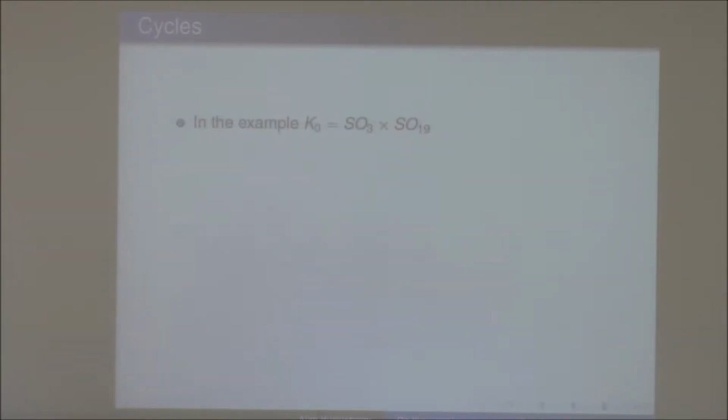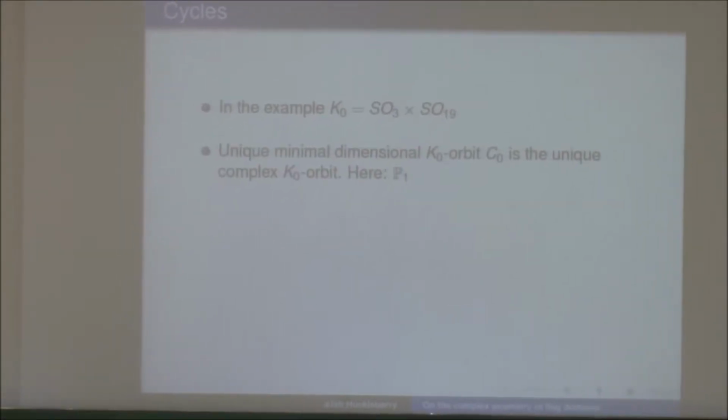Now in this flag domain, you take a look, the real form is SO(3,19). So the maximal compact you first see in there is, of course, SO(3) cross SO(19). Yes, there are many, they're all conjugate, but you see this at first. So you study the orbits of this, and you find out that there's a unique orbit of minimal dimension, which is complex, and it's simply P1 in this case.